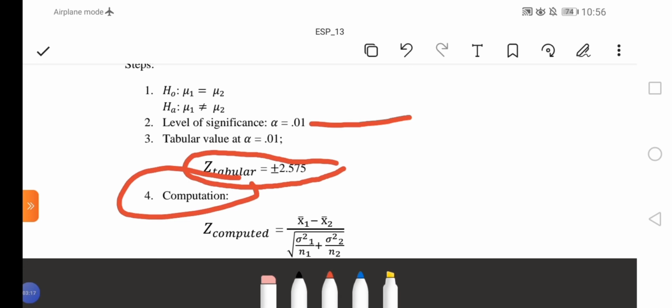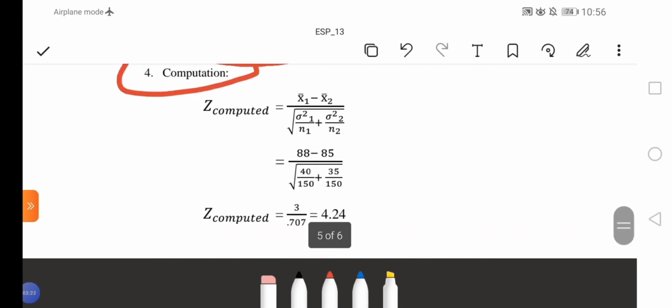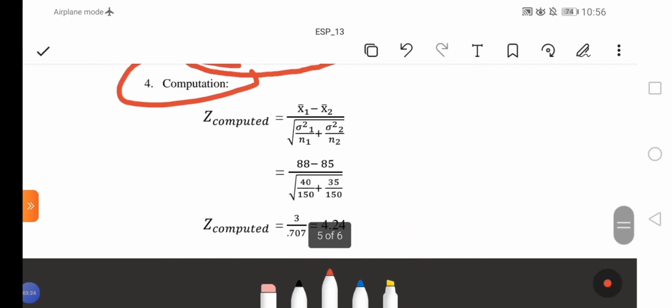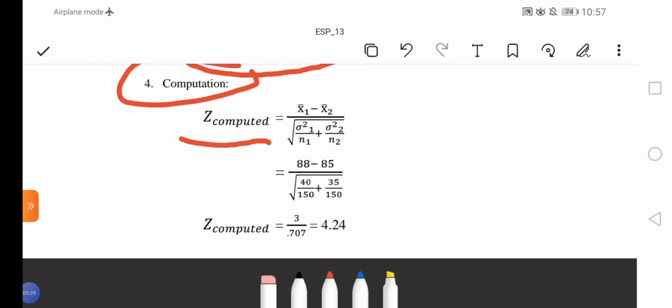Next is the computation. In computing the z computed for a 2 sample mean test, we have the formula: z computed is equal to sample mean sub 1 minus sample mean sub 2 all over the square root of population variance sub 1 divided by sample size sub 1 plus population variance sub 2 divided by sample size sub 2. So, let's do substitution.